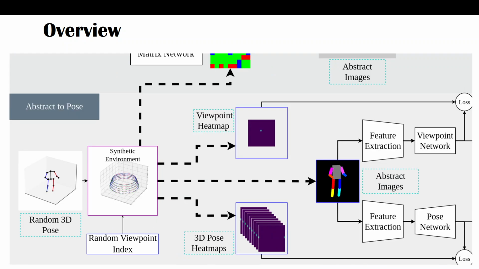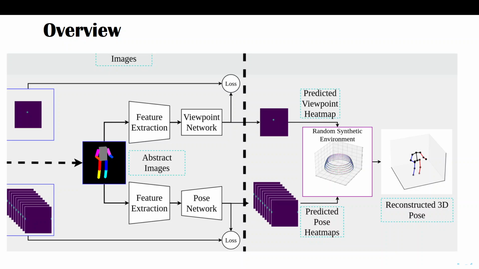In abstract to pose stage, we take a random 3D pose and a viewpoint to generate viewpoint heatmap, pose heatmap, and abstract images. The abstract images are used to train viewpoint and pose network heads. In the reconstruction stage, we take the predicted pose and viewpoint heat maps to reconstruct the pose. For more details about the reconstruction, please refer to the main paper.